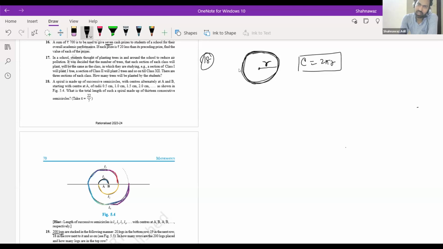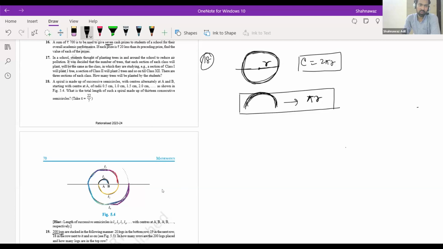And let's say that I cut this in half. So I make a semicircle. Then what would be the circumference or perimeter? Pi r. So only this we needed to remember, that the circumference of the semicircle is pi r.